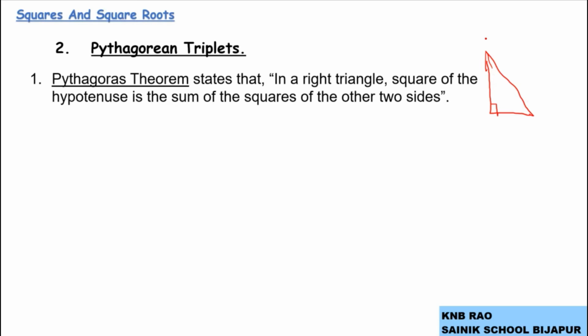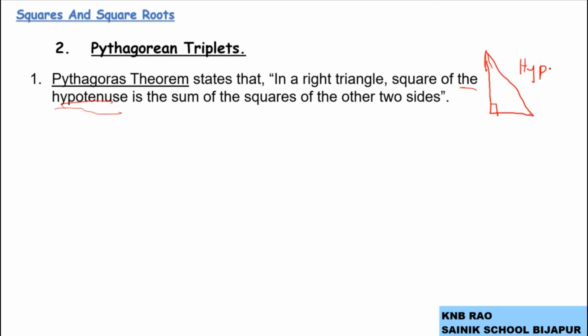Now, in a right triangle, square of the hypotenuse. Remember what is hypotenuse? You learnt in 7th. Hypotenuse is the longest side, and you know it is always opposite to right angle.